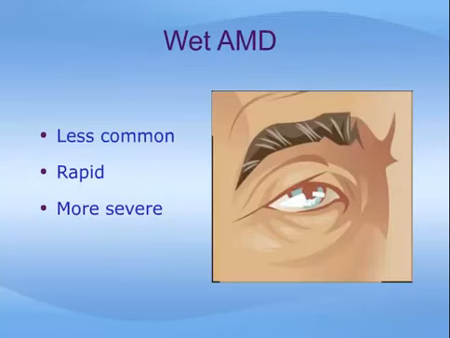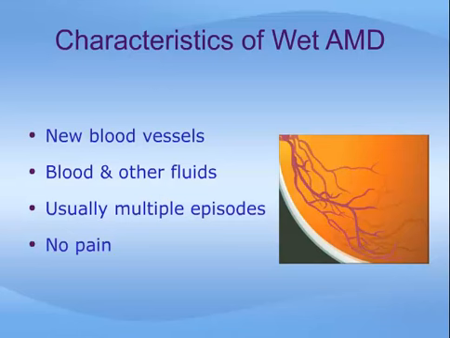The wet or advanced form of AMD is less common, accounting for only about 10% of cases, but it is more damaging. Wet AMD can develop rapidly and cause severe vision loss. Wet AMD involves the development of new blood vessels at the back of the eye that can rupture and bleed.